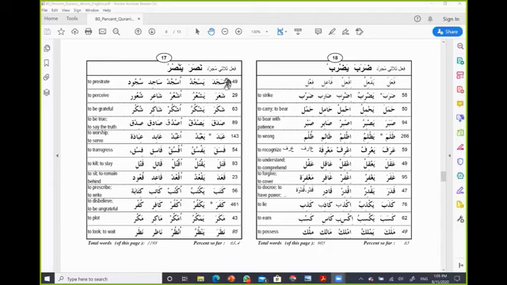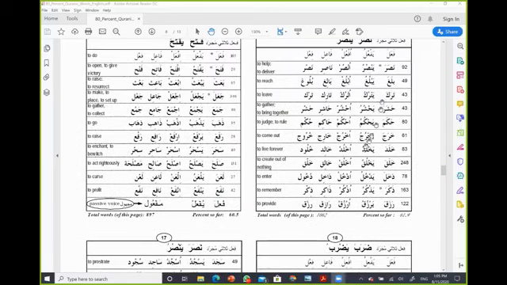So we talked about how we would make the past tense into a present or a future tense by adding the ya, and sometimes it's going to be the 3rd letter having a dhamma, u, or having an i, the kasra. And sometimes it could even have that fatha on the 2nd letter.